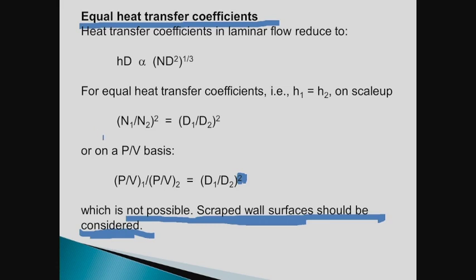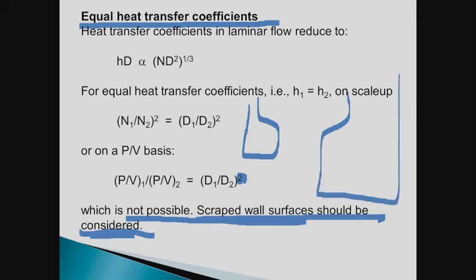Now, what happens is if you had scale 1 just being a regular pot, and then you're scaling up to a system with a scraped wall, a scraper, things could be drastically improved. If you have a pot on the stove, take a look at this, comment on geometry.